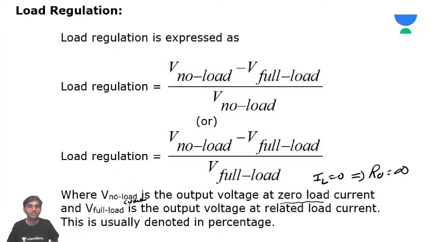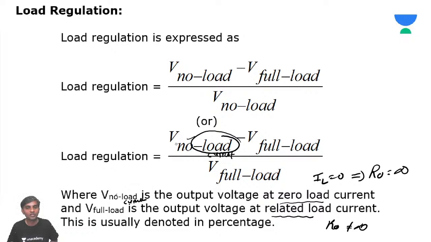V full load means IL should be at the rated load current, so RL should not be equal to infinity. Remember, V no load is the voltage at no load current. Don't think that load means resistance.